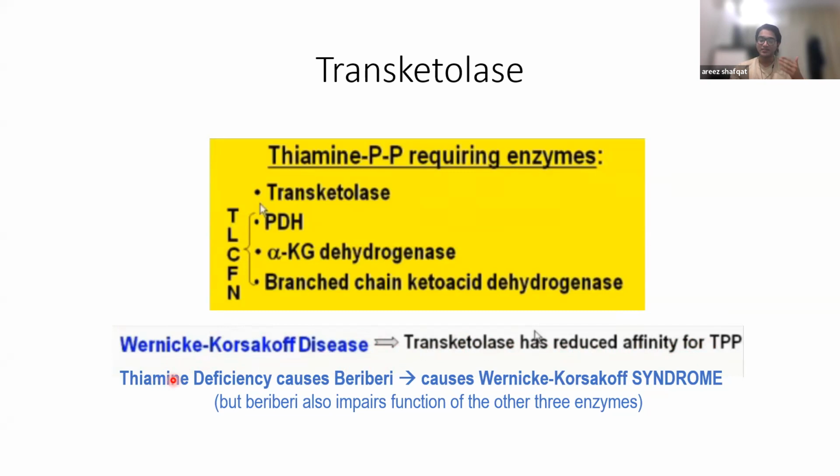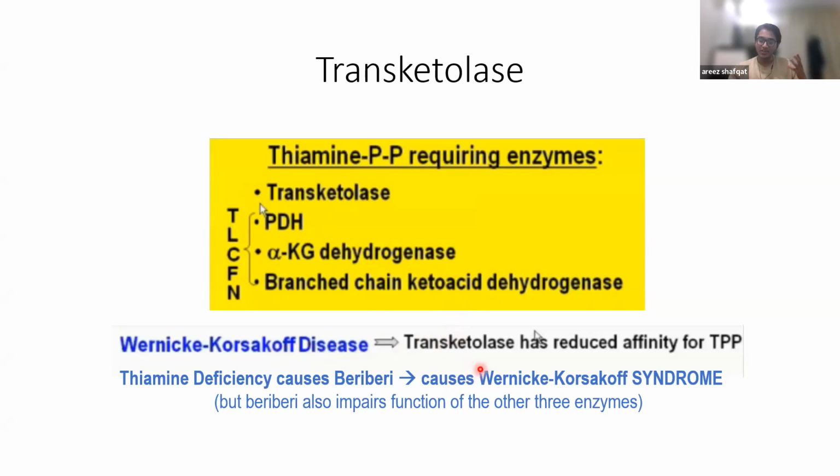Thiamine deficiency doesn't cause Wernicke-Korsakoff disease. It causes beriberi, which is you do get dysfunction of this enzyme, but you also get dysfunction or impairment of this enzyme PDH, of this enzyme, and of this enzyme. So beriberi causes a lot of other stuff as well, in addition to Wernicke-Korsakoff.